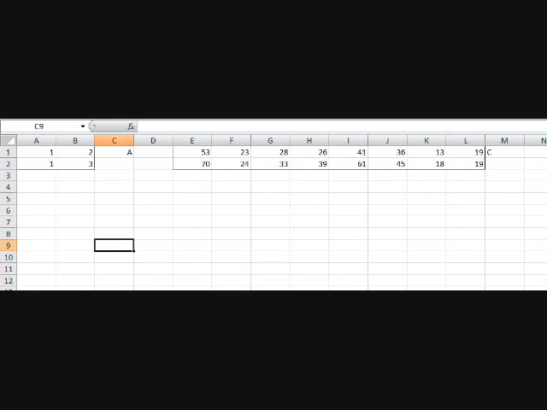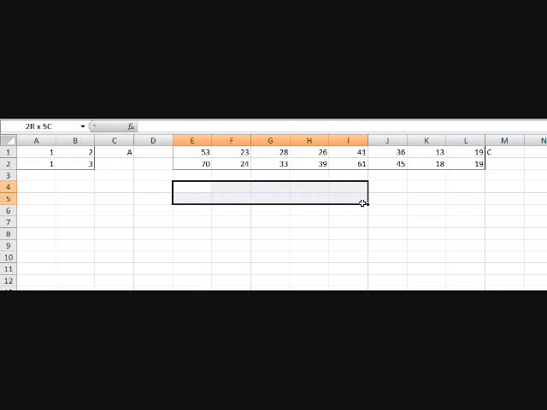To do matrix multiplication in Excel, we have to define a space for our target matrix to go. So we know our target already in size is 2 by 8. So we highlight an area that's 2 rows and 8 columns, just like that. So we know our target is going to go in there.